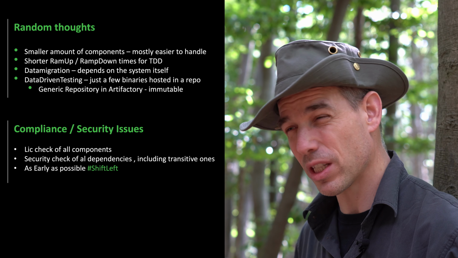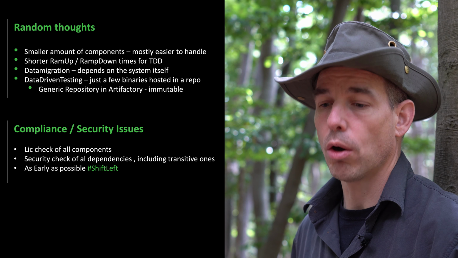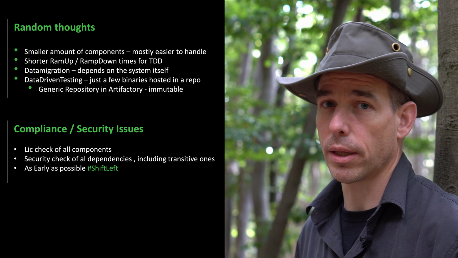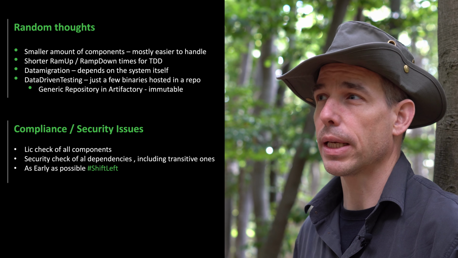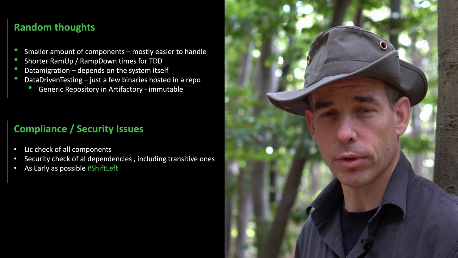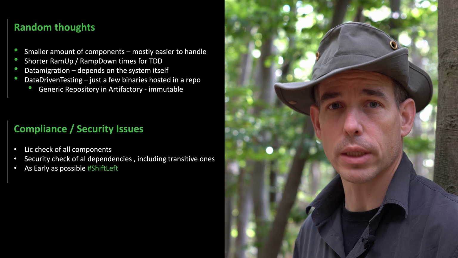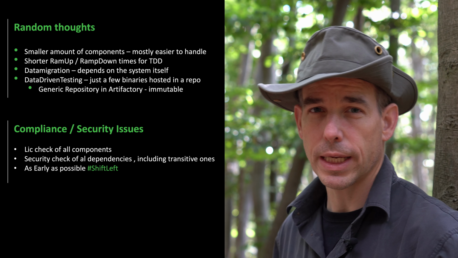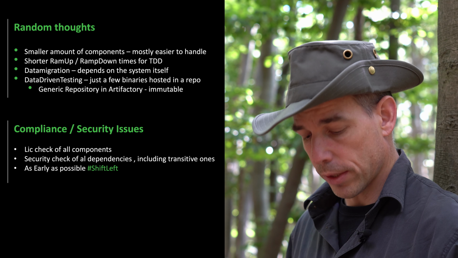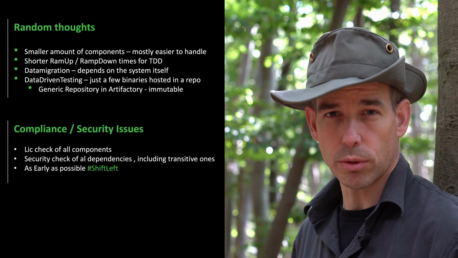But serialization is a topic, and with all solutions, or most solutions we talked about in this series, you have to deal with the decomposition of your app model. So your app model is a graph, then you will decompose it, and then you will serialize it into some kind of binary stream or text. So a smaller amount of components is not only more secure, it's easier to handle.